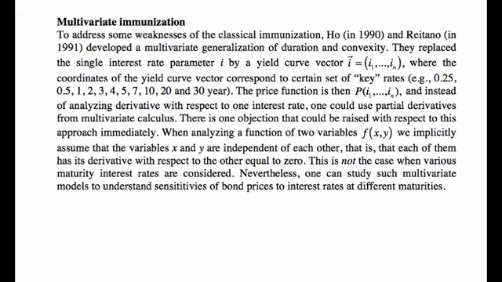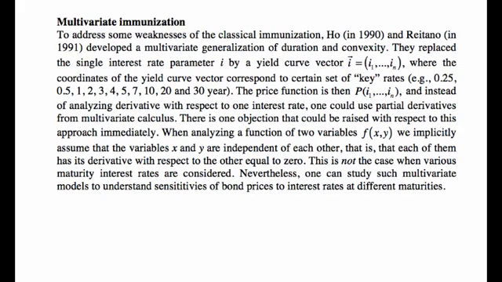For example, for a quarter year, half a year, 1 year, 2 years, 3 years, 4, 5, 7, 10, 20, and 30. The price function is then the price for this vector of interest rates. And instead of analyzing the derivative with respect to one interest rate, one could use partial derivatives from multivariate calculus with respect to those I1, I2, and so on.